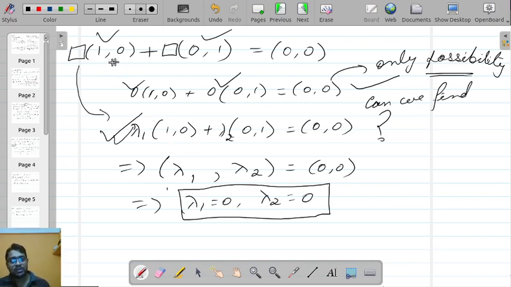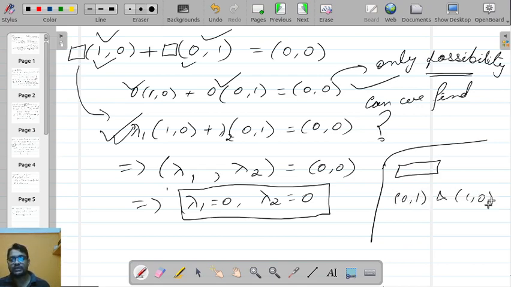Such vectors are said to be linearly independent. That means we cannot find a linear combination with at least one non-zero scalar such that the linear combination evaluates to the zero vector. So here we say that (0, 1) and (1, 0) are linearly independent.